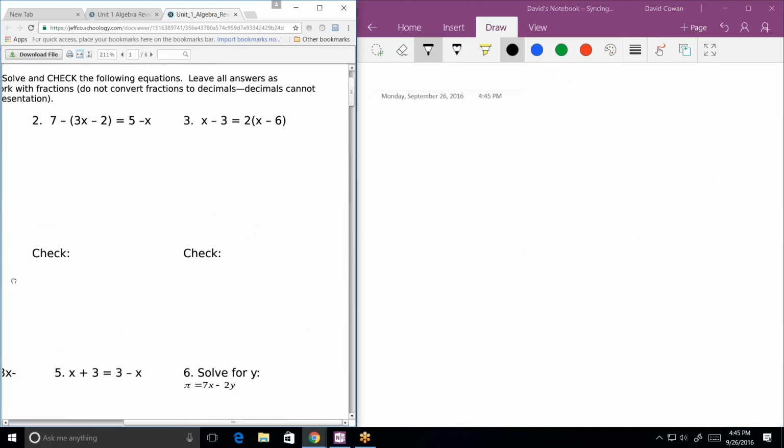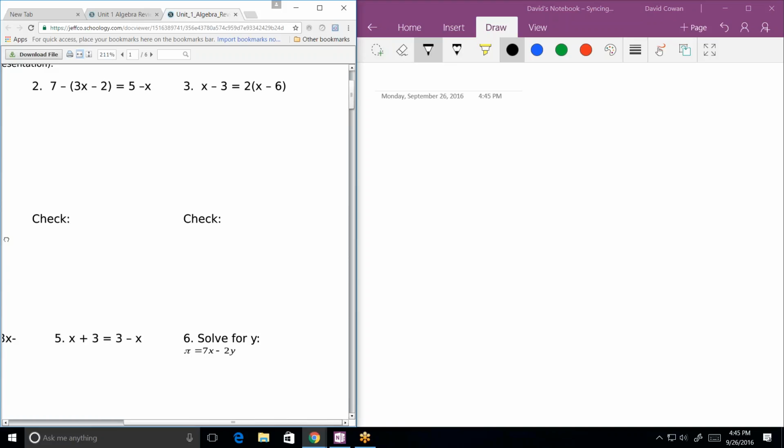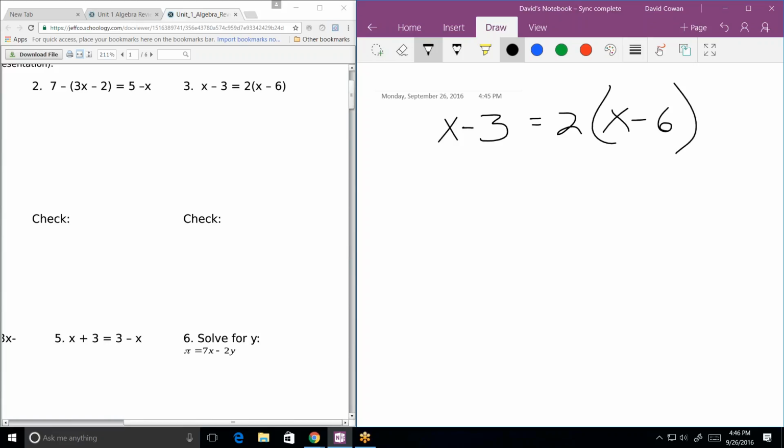All right, let's look at number 3. What's the first thing to do? Distribute the 2. Yep, get rid of parentheses. Okay.